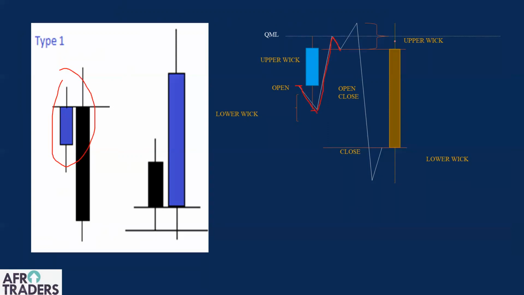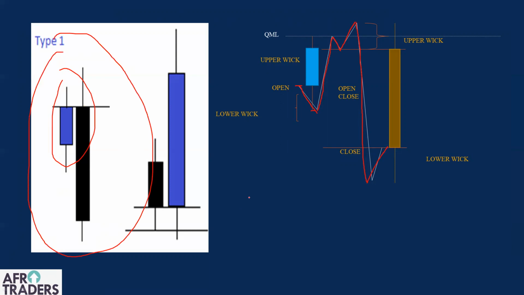Now, the next candle opens and trades above the wick of the previous candle, right? Comes down here, forms a lower wick, and closes here. So this is what this means.